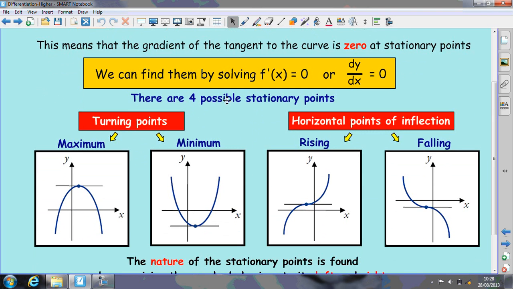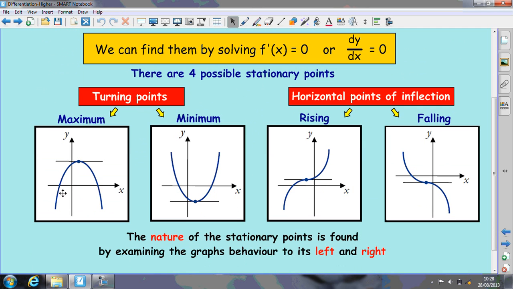So there are 4 possible stationary points. And we're going to try and find them by solving an equation set up by differentiating and letting the expression equal 0. We have a maximum stationary point here.